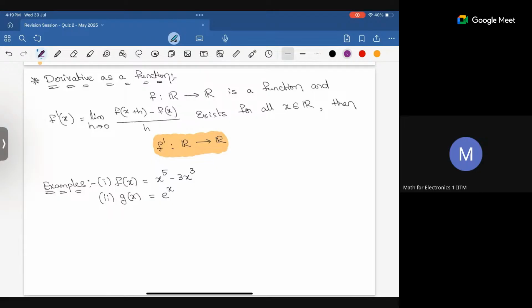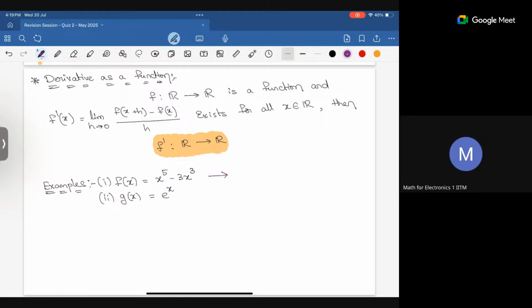Therefore the derivative exists at every point, which is nothing but this limit value existing at every point. Hence f prime of x exists at every point. Therefore, f prime will be a new function from R to R.